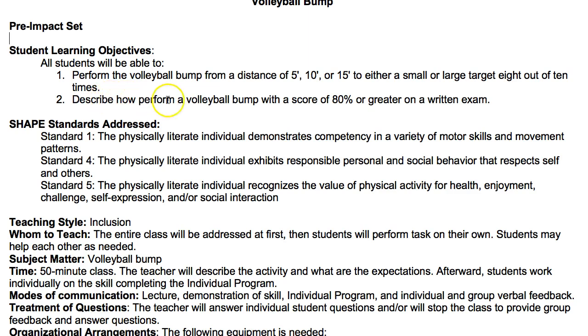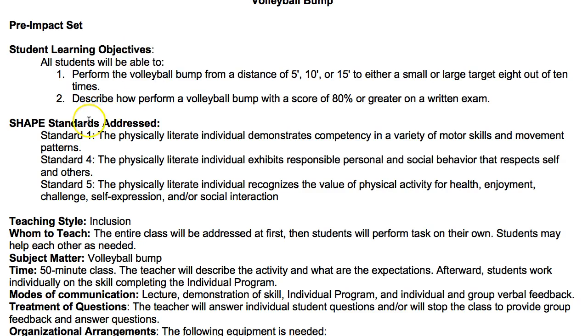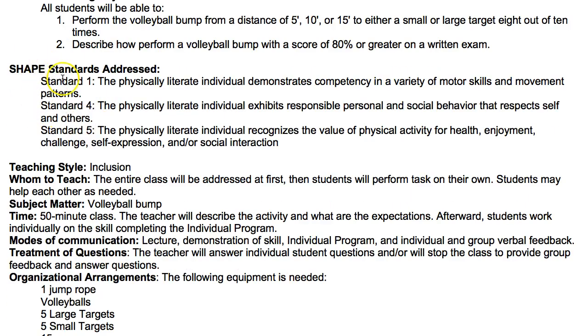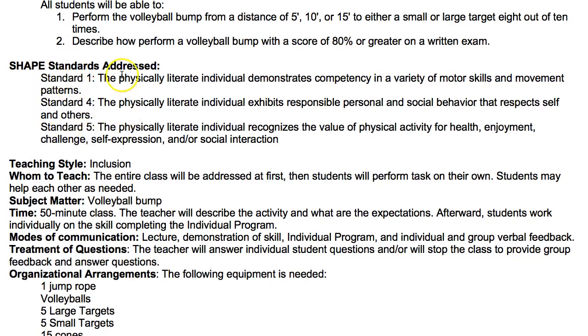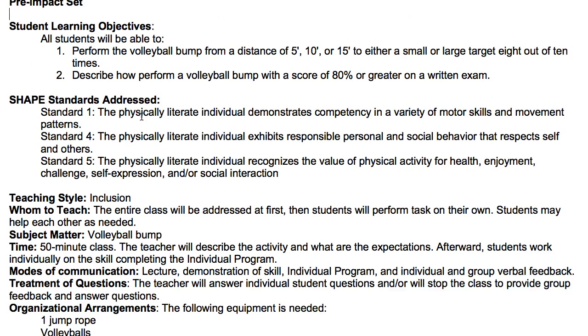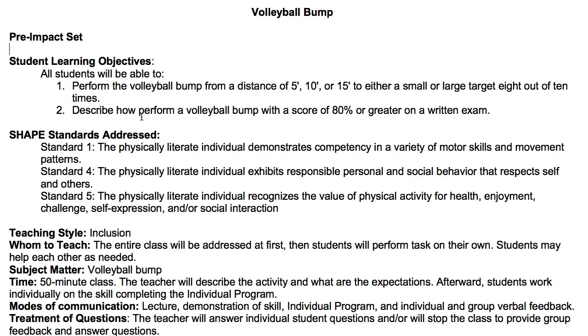All students will be able to describe how to perform a volleyball bump with a score of 80% or greater on a written exam. So that's the learning objectives. Now, SHAPE is the PE standards, so I'm not going to go over those, but those are the standards that are being addressed in this particular lesson.